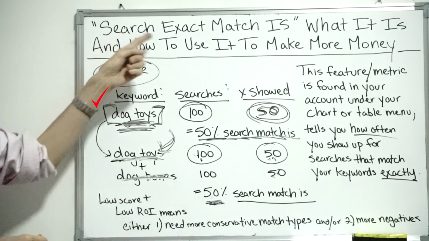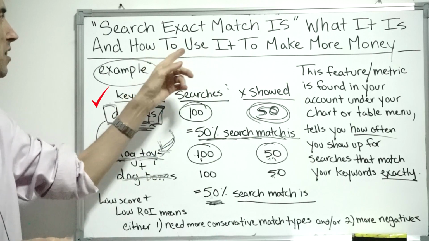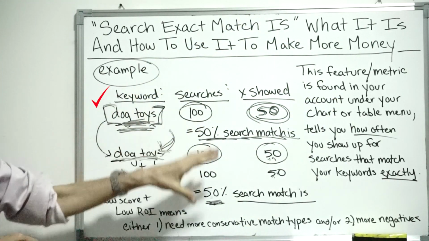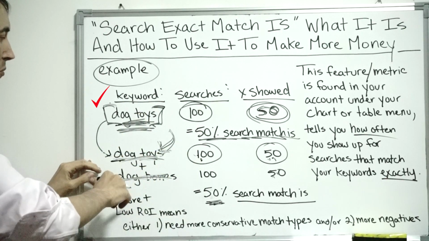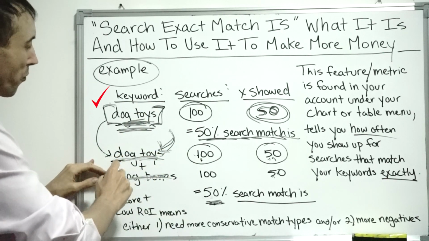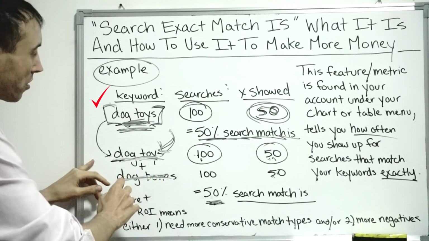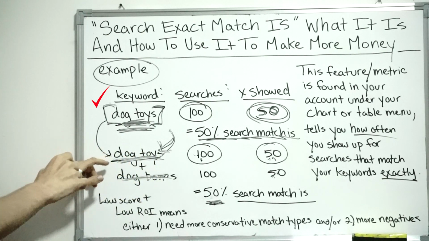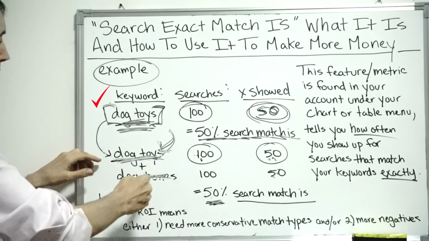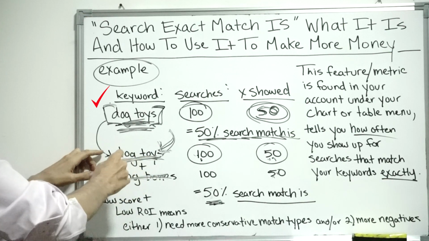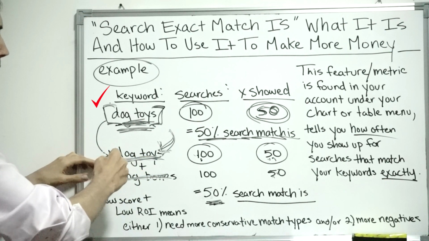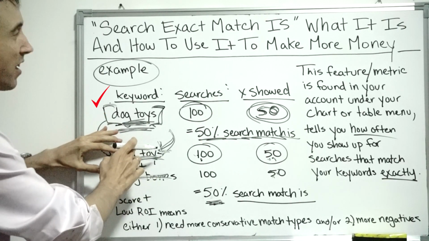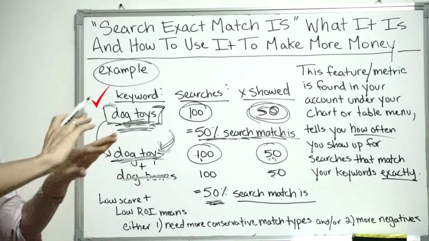What some people think search exact match is, is how many times out of all the stuff that you show up for, going back to the dog toy keyword example again, if your ad shows up for dog bones and all this other stuff, even though you're bidding on dog toys, people think that the percentage of searches that your ad showed up for that was the keyword exactly is what search exact match is. That's not what it is at all.